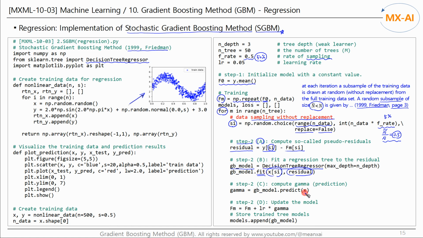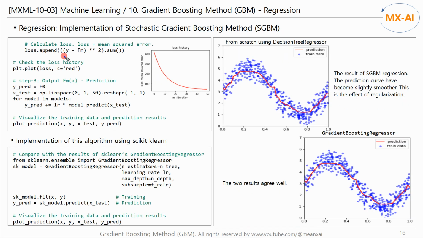We then calculate the gamma by predicting the residuals for all data points X. This gamma is used to update the old prediction of target Y with the new prediction, and save this model in the models list. The mean squared error loss is also stored. This is the training process.